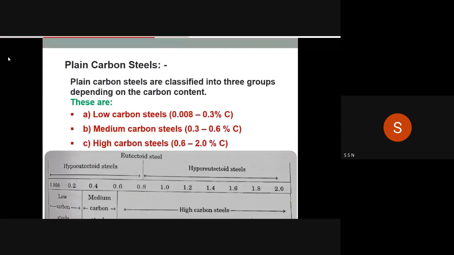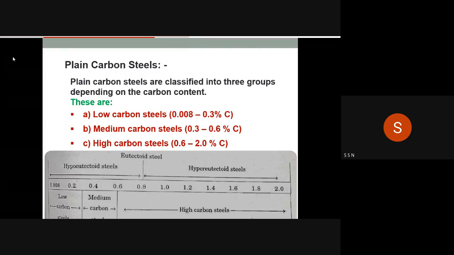In plain carbon steels, the percentage of carbon varies from 0.008 to 2%. If the percentage of carbon varies from 2% to 6.67% inside the iron, we call it a cast iron.